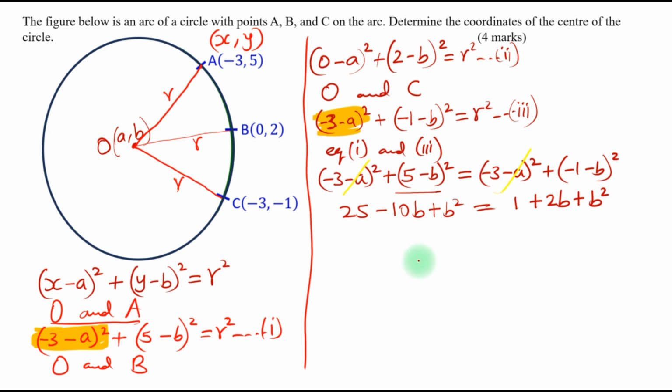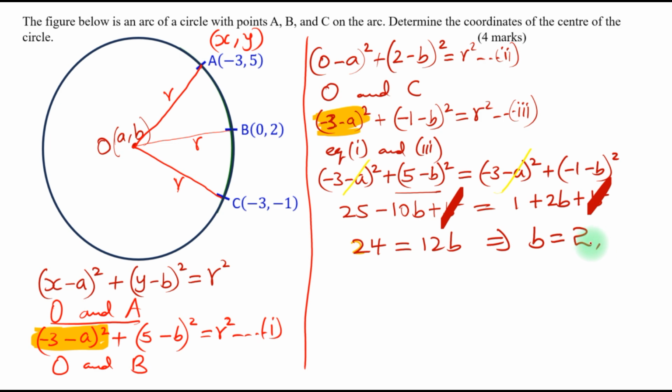The b squared terms cancel, and therefore we remain with 25 minus 1, that will be 24, equal to 2b plus 10b, that is 12b. This implies that b is equal to 2.